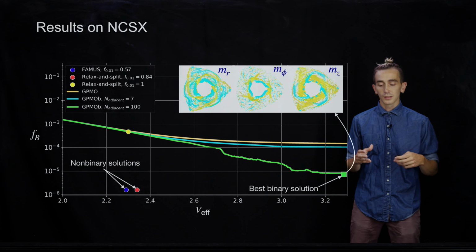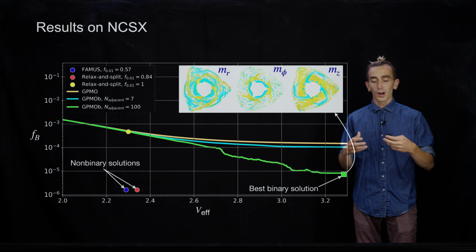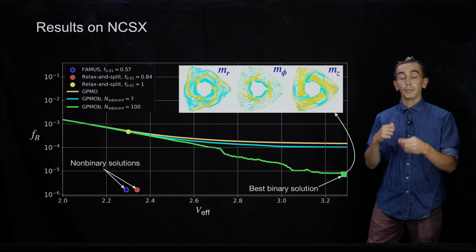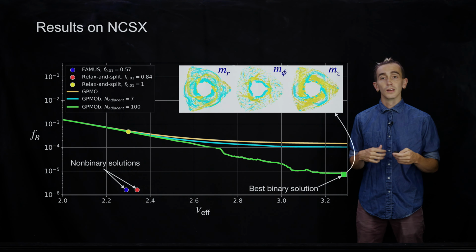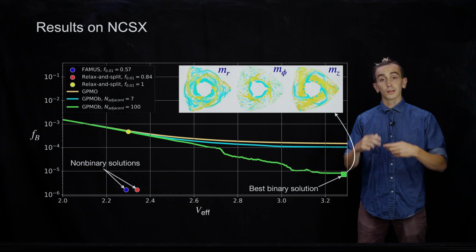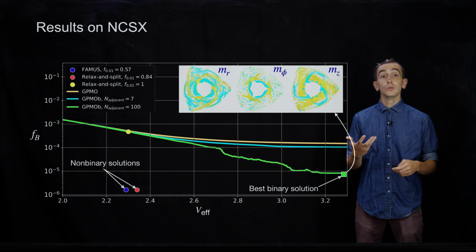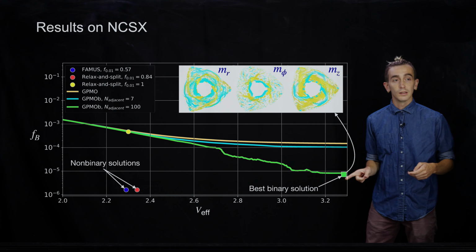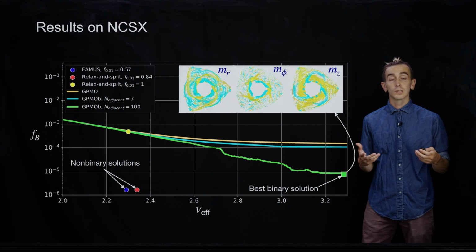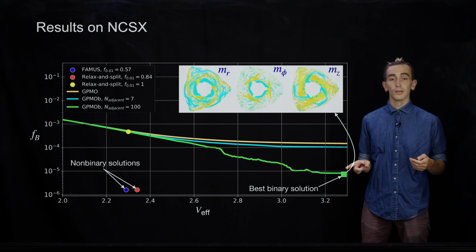So we go for 100 iterations and place 100 magnets. And then we do some backtracking on those placements to see, okay, did we place some bad magnets? And we try and correct some of those mistakes. And when we do that backtracking, we see improvements to our greedy algorithm in this neon green color, where we're able to get beyond 10 to the minus 5 in f_B.